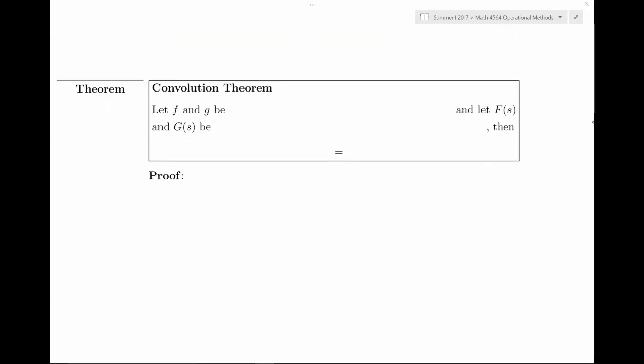The convolution theorem is one of the cornerstones of signal analysis. It relates the convolutions of the functions in time domain to the products of the Laplace transforms. And here's what it says. Suppose I have two functions. And suppose my functions have Laplace transforms f of s and g of s.